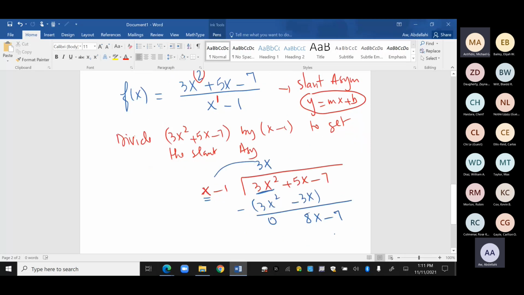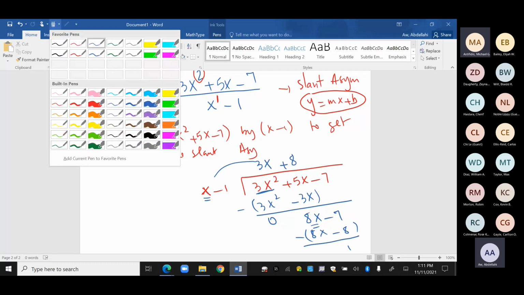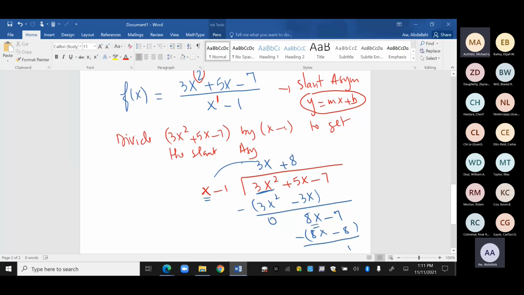Then 8x divided by x is 8. We get 8x minus 8, subtract, and get 1. I don't even need the remainder, I stop right here. What is the slant asymptote? y equals 3x plus 8.